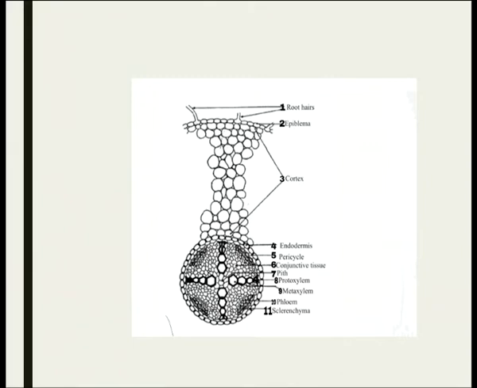Xylem is 8 and 9. Look at this, 8 and 9. You see this difference in the size of the cells? Yes, the large cells, number 9, are called metaxylem.